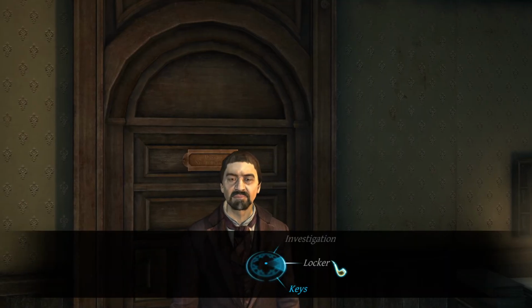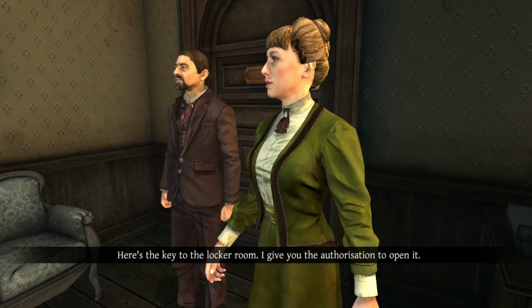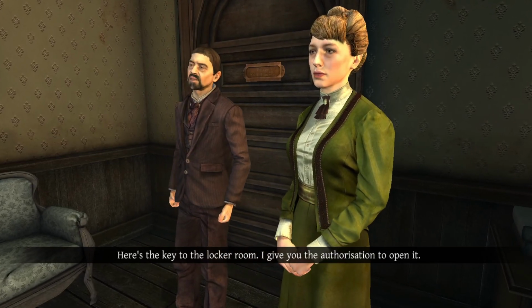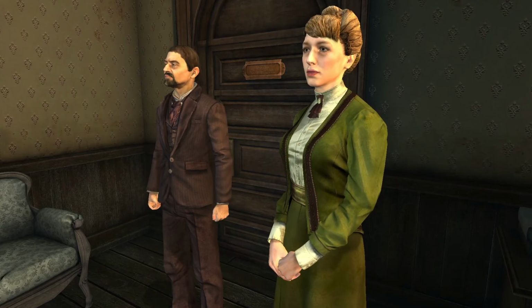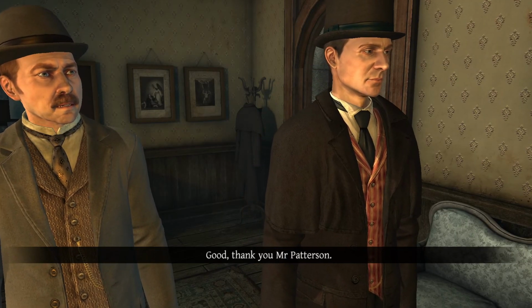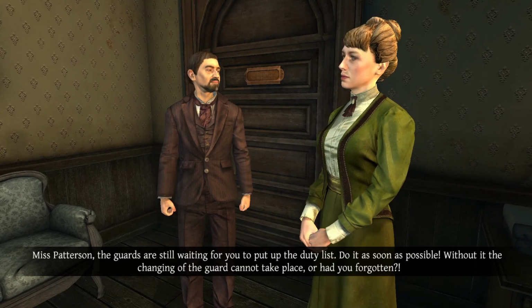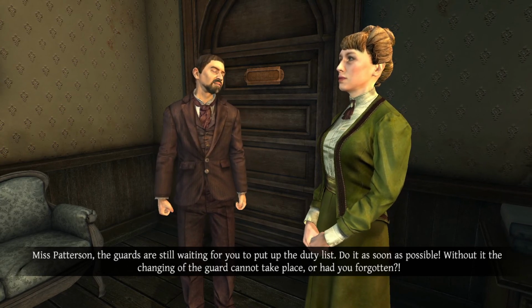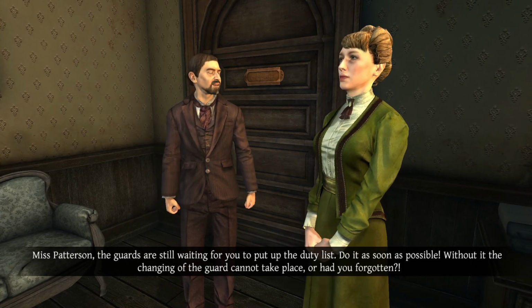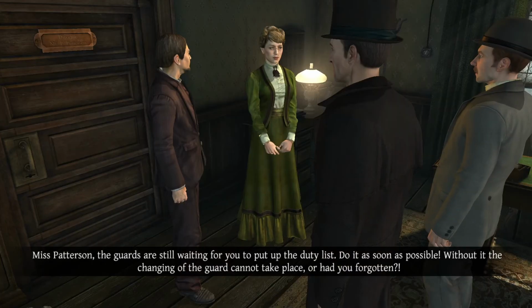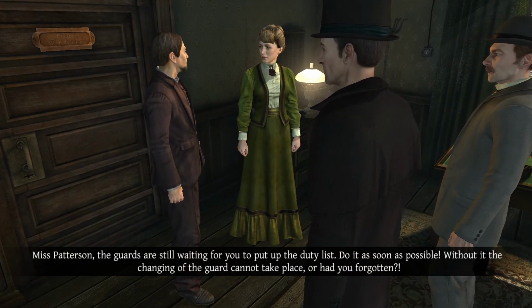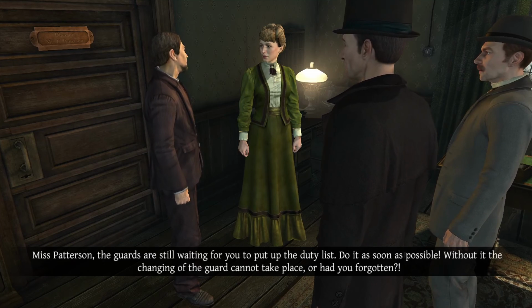They're extraordinary. Here's the key to the locker room. I give you the authorization to open it. Thank you, Mr. Patterson. Miss Patterson, the guards are still waiting for you to put up the duty list. Do it as soon as possible. Without it, the changing of the guard cannot take place. Or had you forgotten?